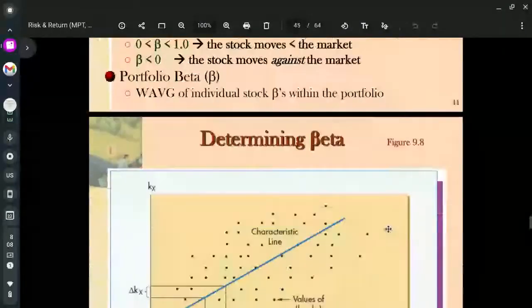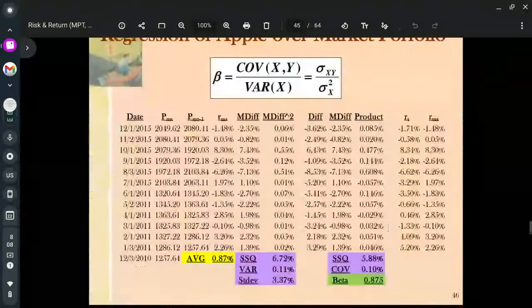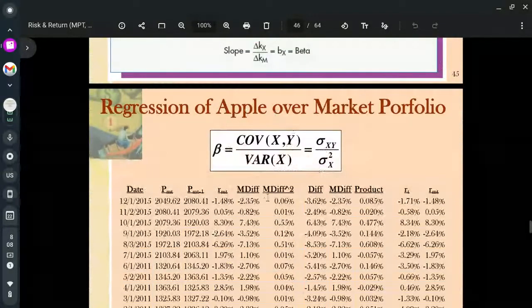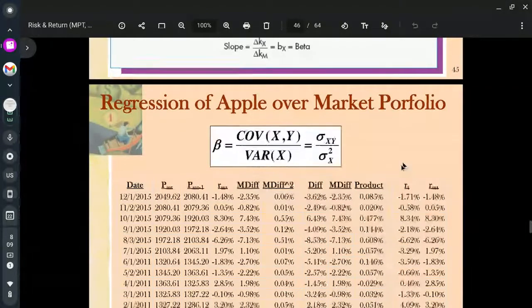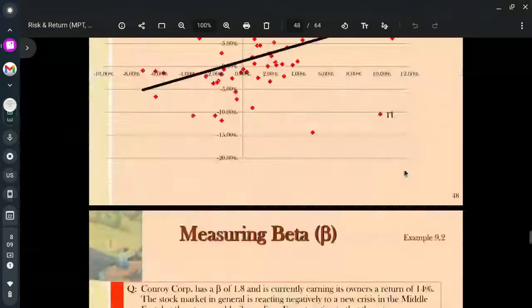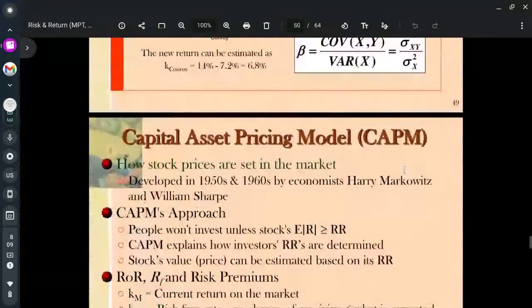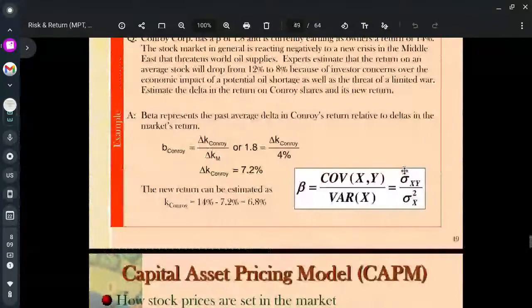So if you find beta that way, mathematically we find beta as the covariance between X and Y over the variance of X. Remember, rho is the covariance of X and Y over the standard deviation of X and the standard deviation of Y. But anyway, beta measures the correlation between the market and the individual stock. That means if beta is 3, what does that mean?